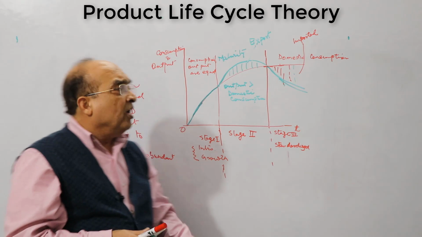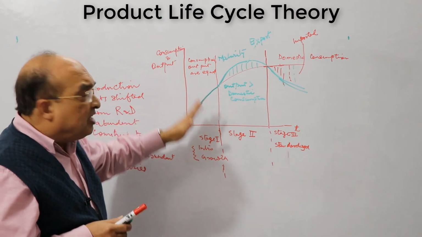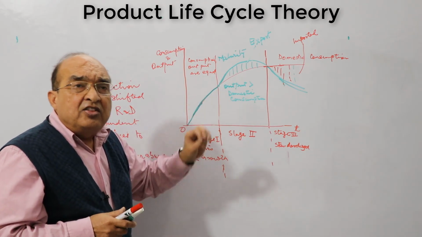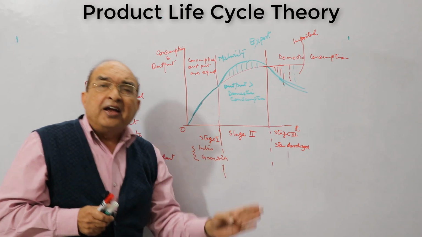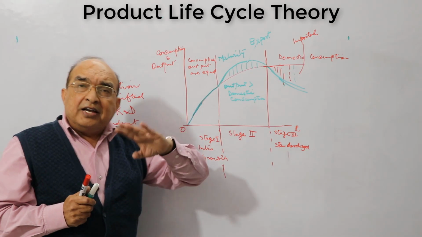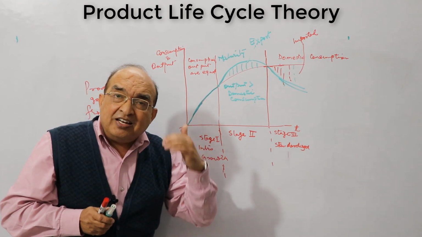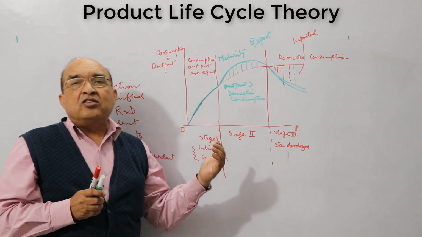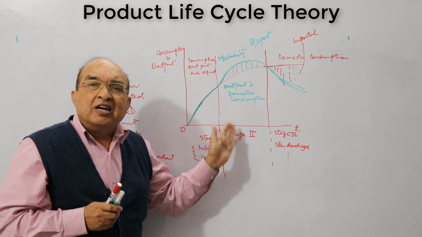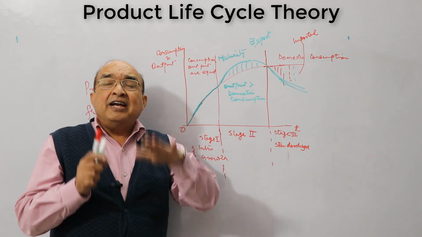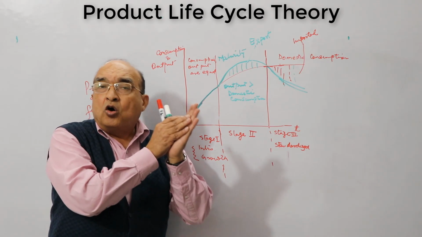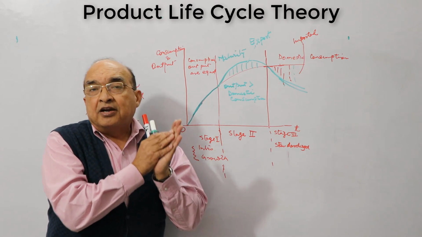That is also possible. So you can notice that it is the nature of the good that undergoes a change, and that basically determines when the good will be exported from the country and when it will be imported into the country. So in a sense, it determines the course or the structure of foreign trade.